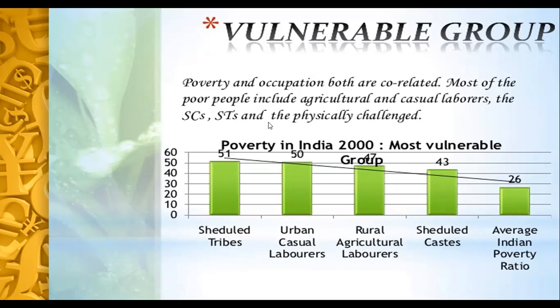About 50% of landless agricultural workers and 43% of scheduled castes are also very poor. The double disadvantage of being a landless casual wage labor household in the socially disadvantaged groups of the scheduled caste or the scheduled tribe highlights the seriousness of this problem.